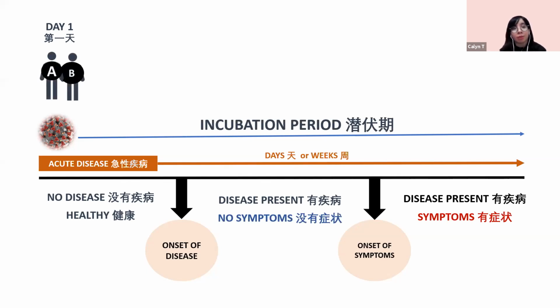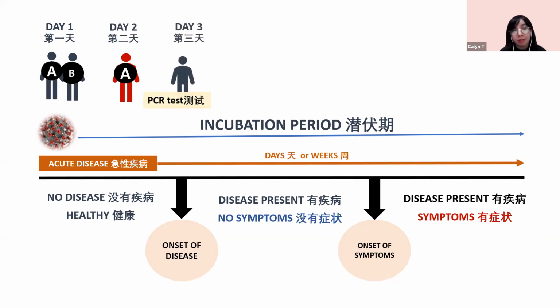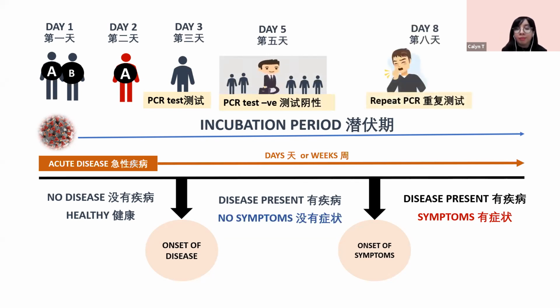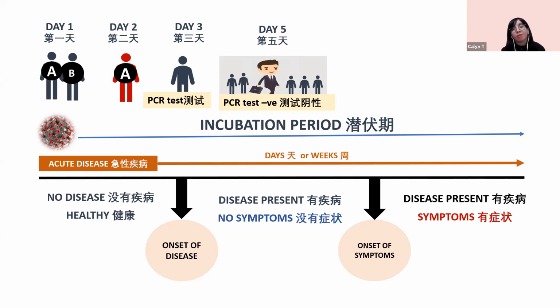So you can have contact with someone who has the virus. You may not know the person has the virus. And on day 2, you start to know that this person has the infection, and you get tested on day 3. You maybe get your result negative on day 3, and you start to go out to work, and you start to contact the rest of the people.